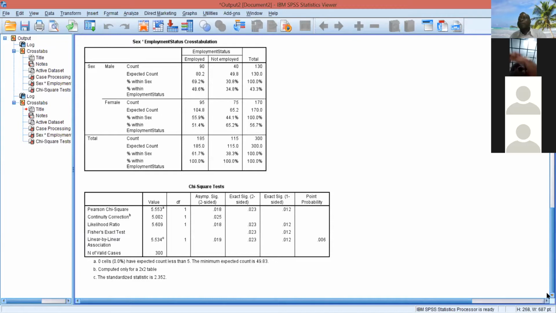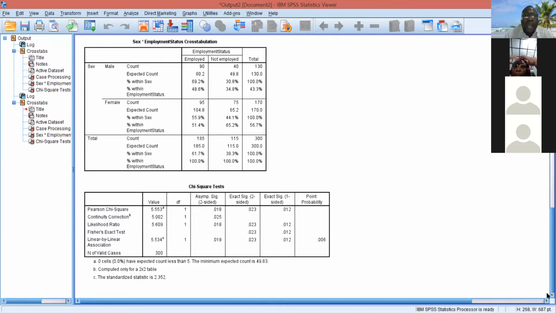It's a wrong interpretation. You are not interested in the proportion of the exposure that comes out of the outcome. What you are interested in is the proportion of the exposure that has the particular outcome. You are not interested in the proportion of the outcome that belongs to a particular exposure. You are not interested in the proportion of people that are employed that are male.